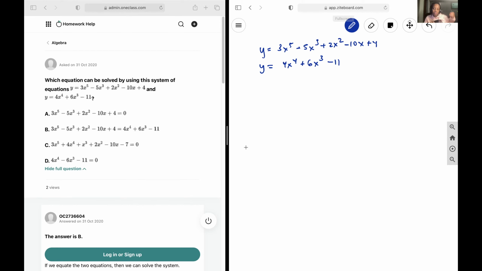We can deal with this in multiple ways. We can decide to get rid of the y by doing y minus y and then subtracting these two, which is the exact same thing as if we just equate them because this is the same y.